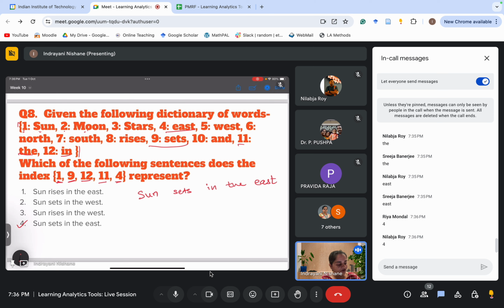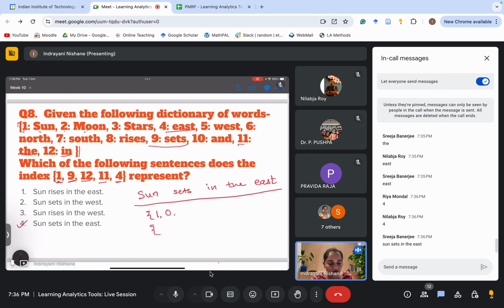If you are asked to convert this sentence into a sparse vector, how would you do it? There are 12 words in our bag of words. The first word, sun, is present, so 1. The second word, moon, is absent in this sentence, Sun sets in the east, so it will be 0.